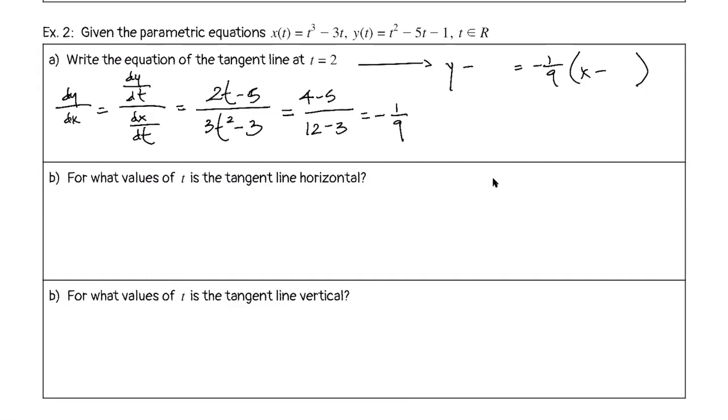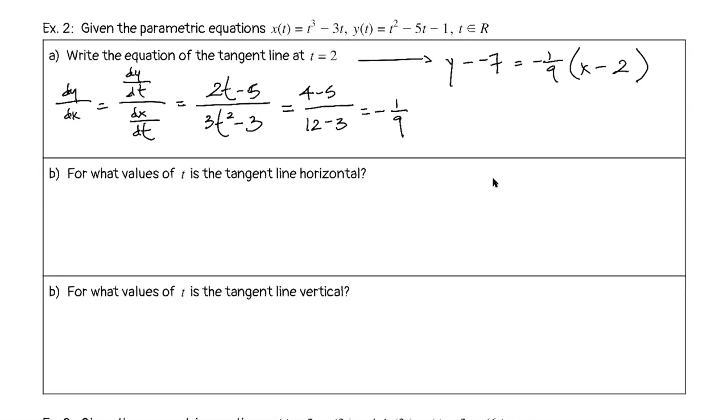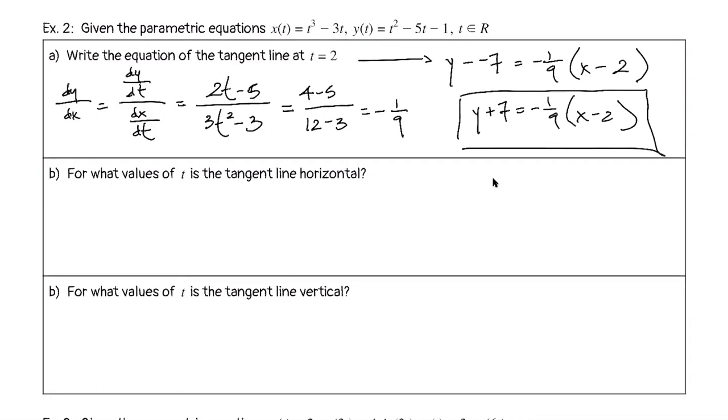All right, anyone get a value for x yet? 2. Yeah, that's what I got. And then for the y? Negative 7. Yeah, I got negative 7 as well. We could clean this up by distributing that sign. So we get y plus 7 equals negative 1/9 times x minus 2. And there we have the equation of our tangent line.